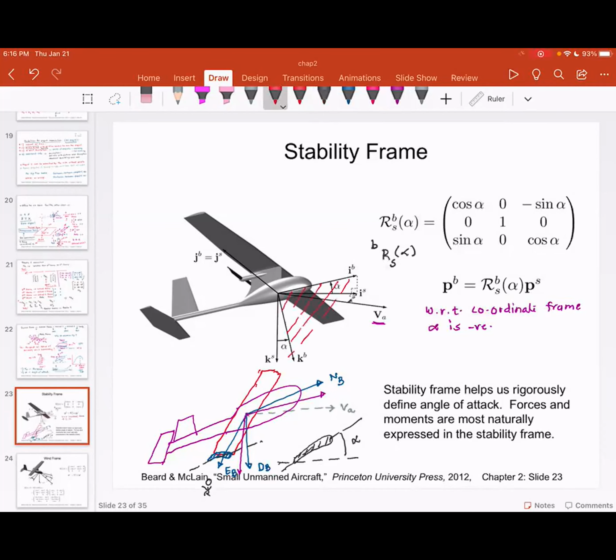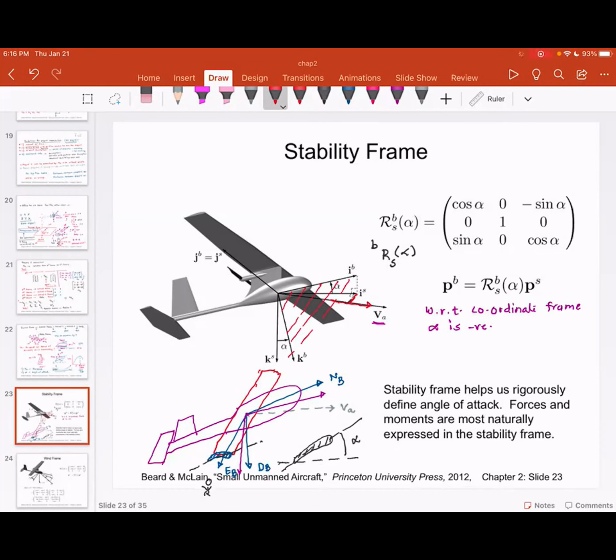And you would notice the component of VA in the projection of IB KB forms the stability plane I vector.